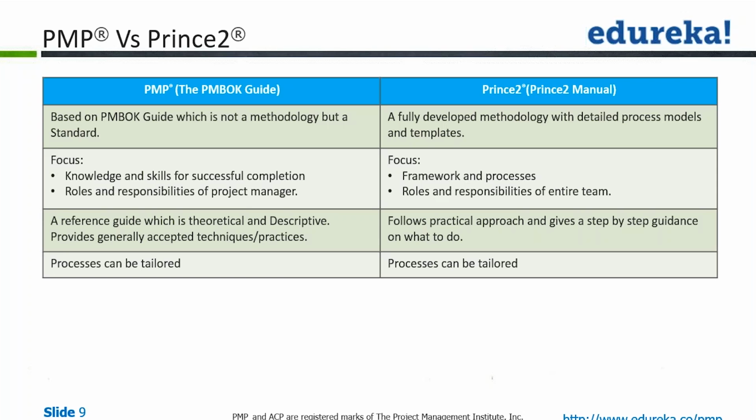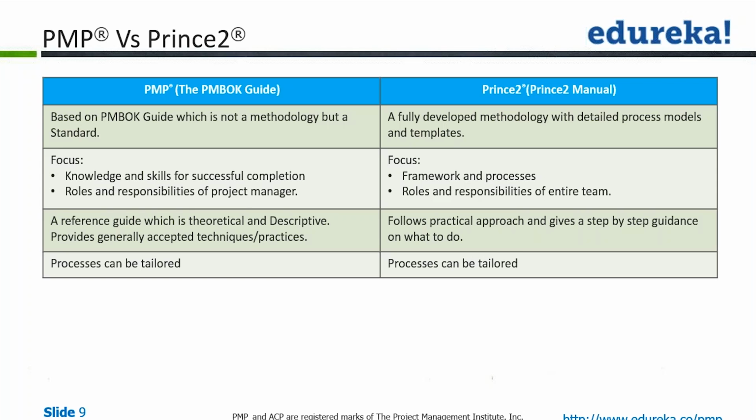Okay. PMP focuses on the knowledge and skills for successful completion, whereas Prince2 focuses on the framework and processes. As I told you, imagine yourself sitting in the car, you are driving, and you will have all the best practices available to you, and depending on the situation, you will have to take the right decision, whether I should slow down, I should take a diversion, or I should just stop the car, or maybe I should go back.